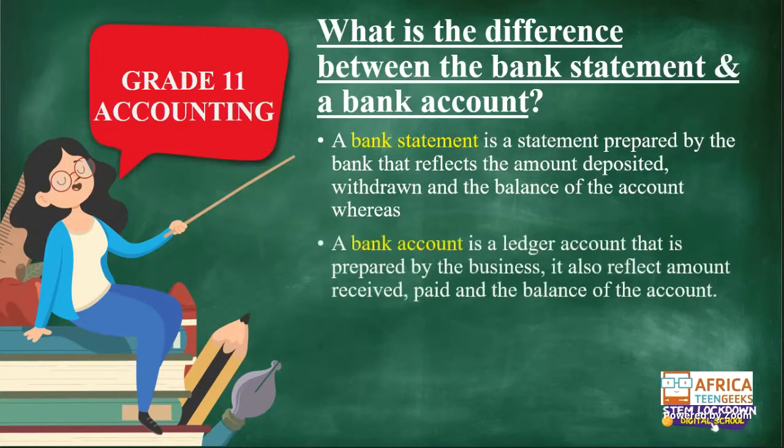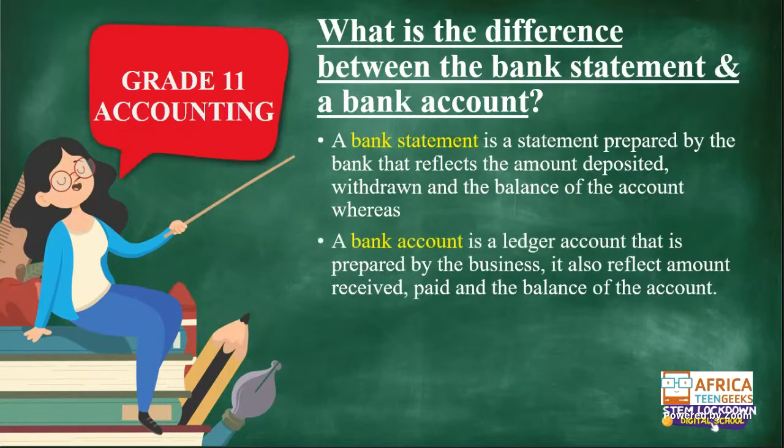Whereas a bank account is a ledger account prepared by the business. It also reflects the amounts received and paid by the business, and also the balance. Do you see that these two, the bank statement and the bank account, record similar transactions: the money deposited to the bank, received, paid, withdrawn, and also the balance.